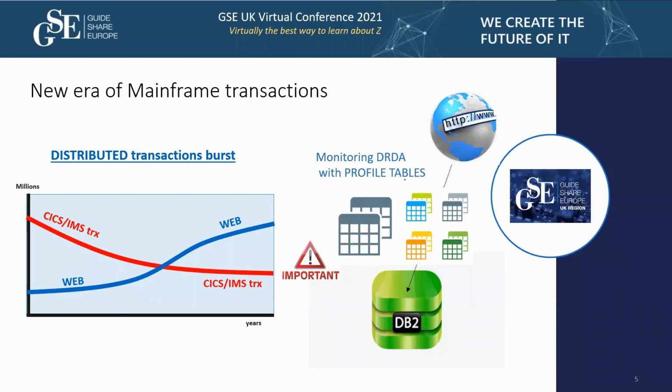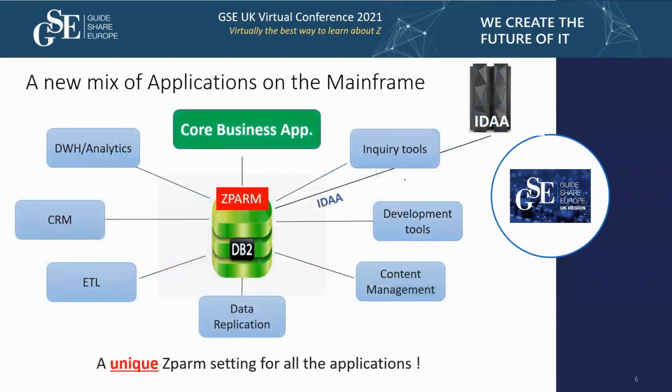So we guarantee the service level agreement for our core business applications, but we don't only have core business applications connecting to Db2. For example, typical core business applications for a bank are home banking, financial applications, and so on. We also have a wide variety of different applications, not core business, but which in the same way need remote connections as well.